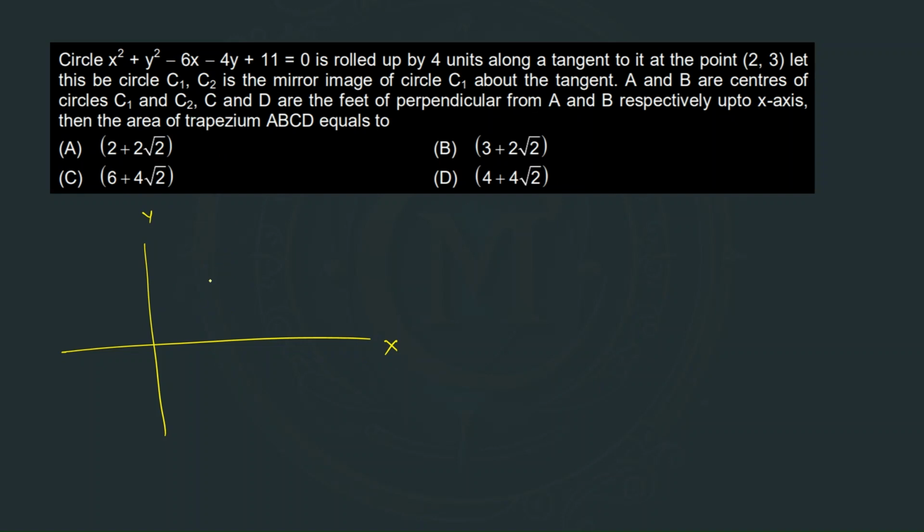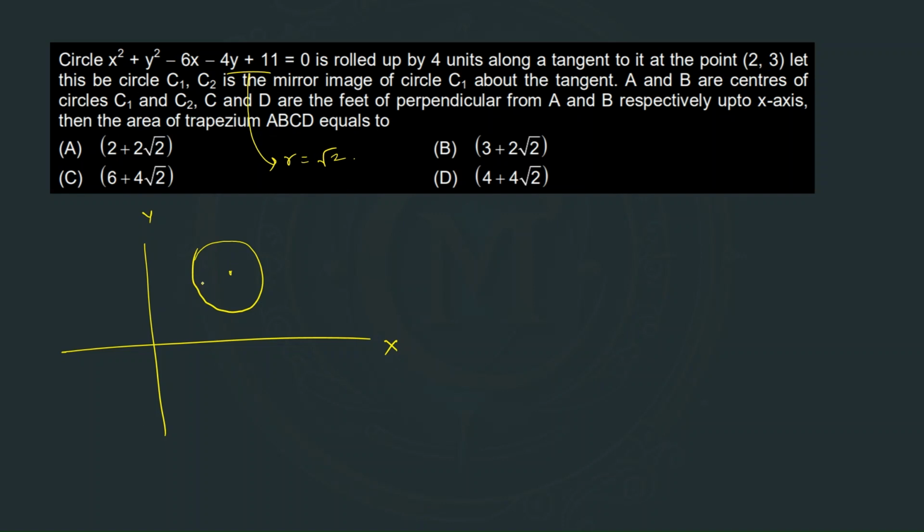The radius of this circle we can calculate, which is root under 9 plus 4 minus 11, so root 2. And this is rolled up by 4 units along a tangent to it at the point (2, 3).